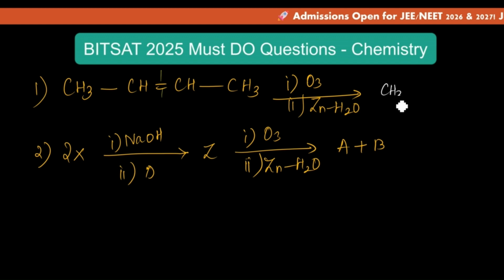So CH3CHO plus, on the other side also CH3CHO. The 2 moles of X that have been formed are acetaldehyde. Then with NaOH and heat, acetaldehyde is undergoing reaction with NaOH and heat to produce Z.